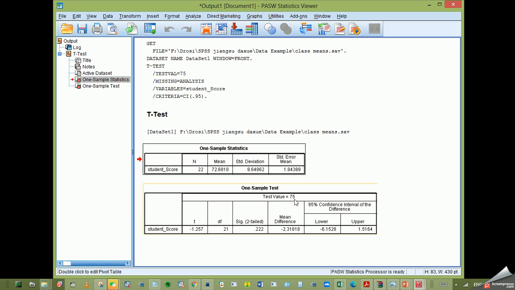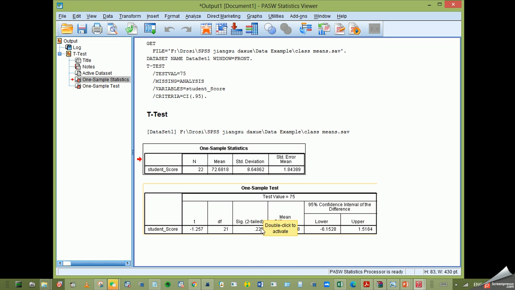So 75 minus 2.3 is 72 point almost 6, approximately 73. So there's no significant difference; the difference is not important. Here is the confidence interval for the differences. It ranges from -6 to 1.5.